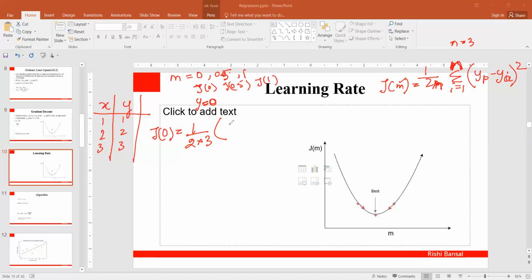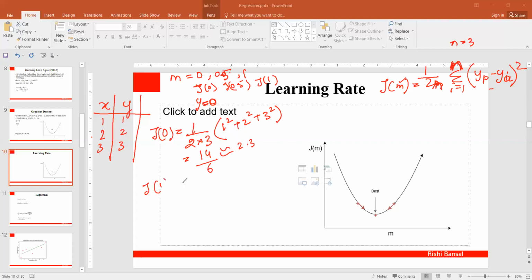Predicted value is 0, correct. And actual value is 1. So 1 minus 0, square, it will be 1 square. For the second point, 2 square. Same way, 3 square, right? So this will come 14 by 6, roughly 2.3.